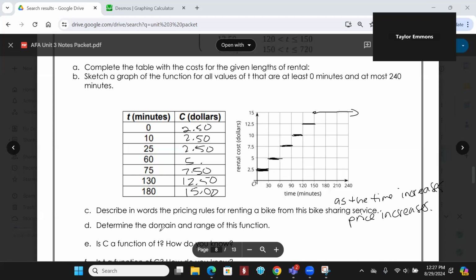The domain is going to be from 0 to 720 because that's how much we can rent it for, right? Like the time. And then our range is going to be $2.50, $5, $7.50, $10, $12.50, $15, and that's it. Remember, that's the cost.